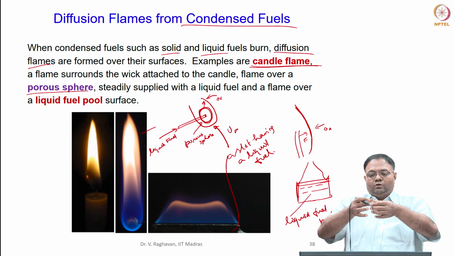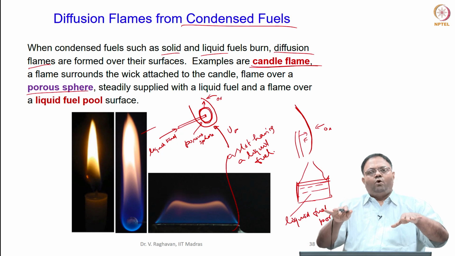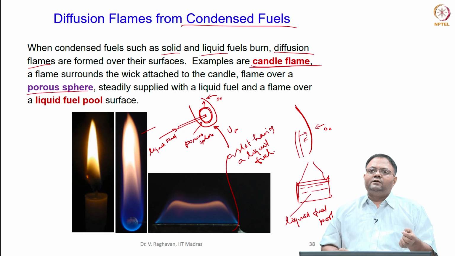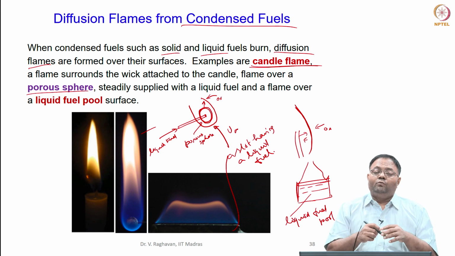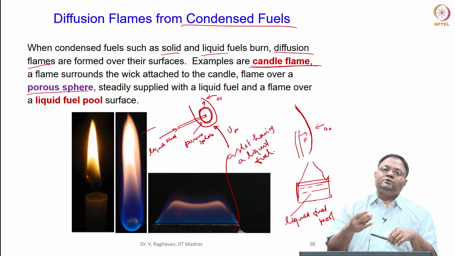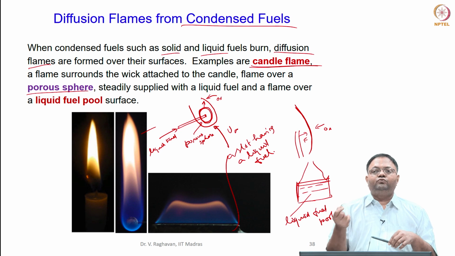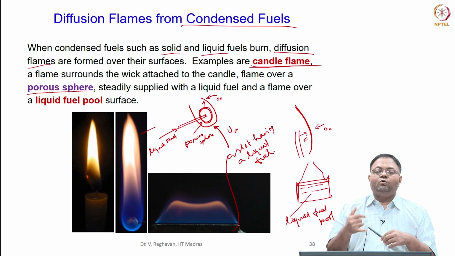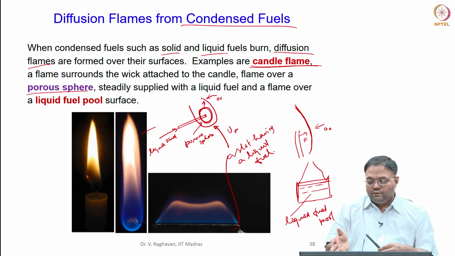The surface is open to the atmosphere. When you try to ignite this, a flame will be formed. Please understand that for the flame to appear here, the temperature of the liquid surface should reach the fire point. Once the fire point is reached, a diffusion flame will sustain over the surface, and you can see the rate at which it burns.